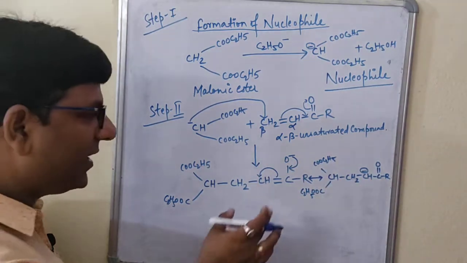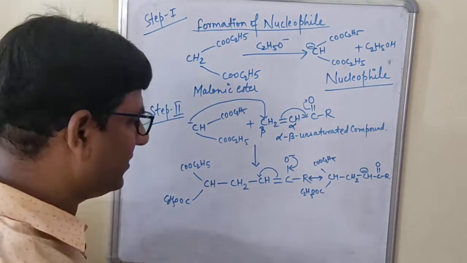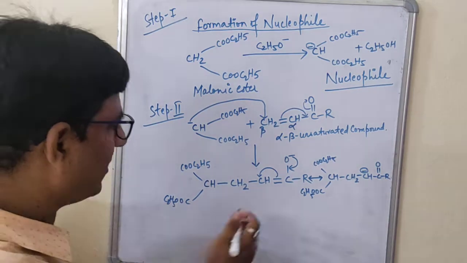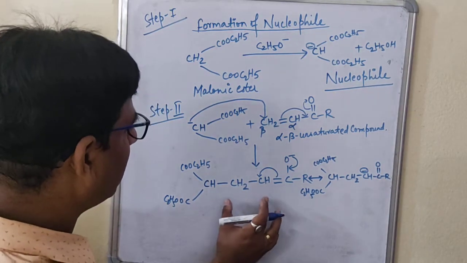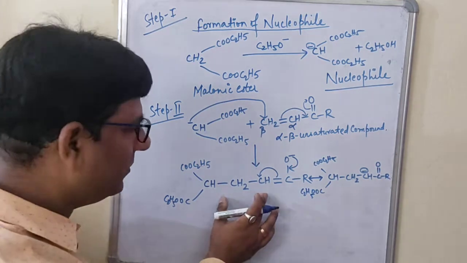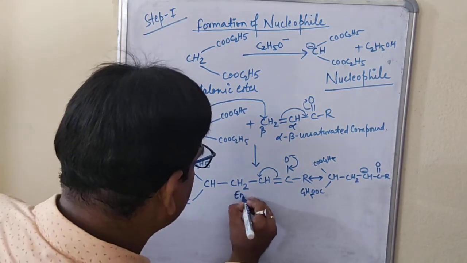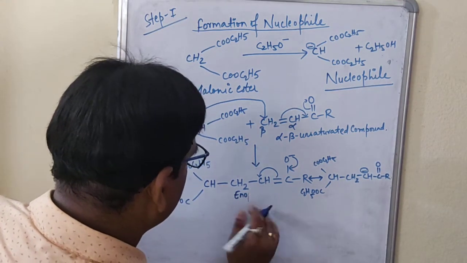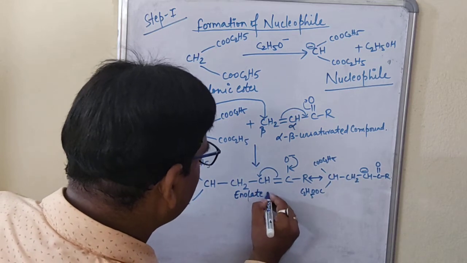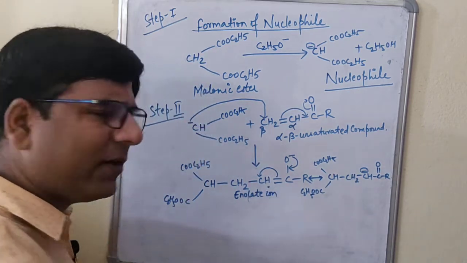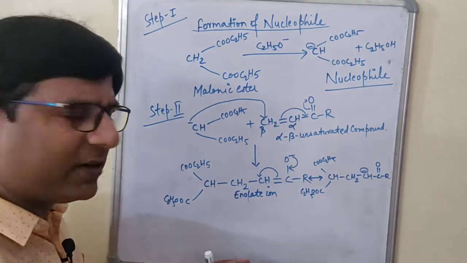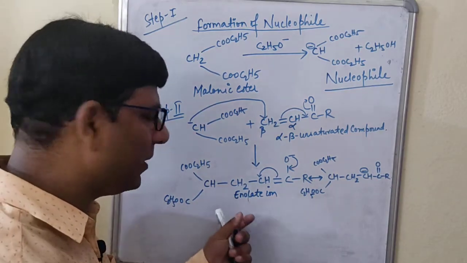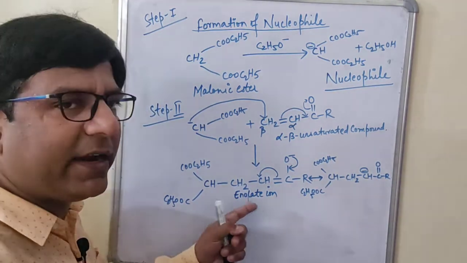Now we are coming to the last step of the reaction, students. The intermediate that has been formed is known as the enolate ion. We have already seen the enolate ion reaction, but I am reminding you why it is called the enolate ion.